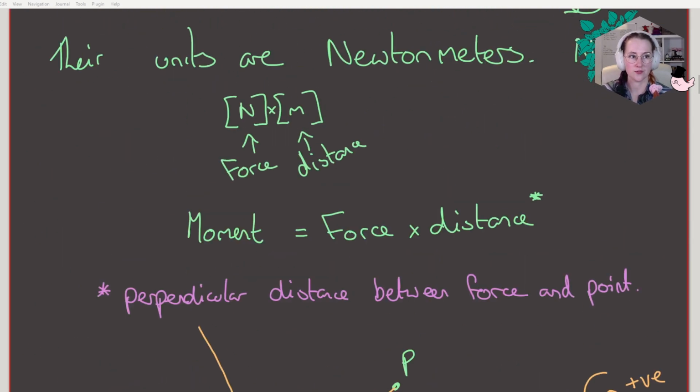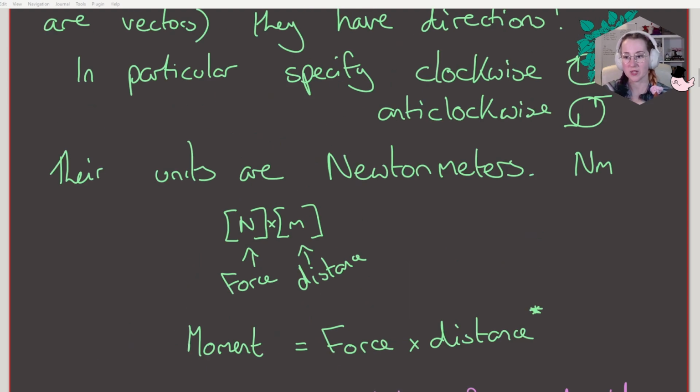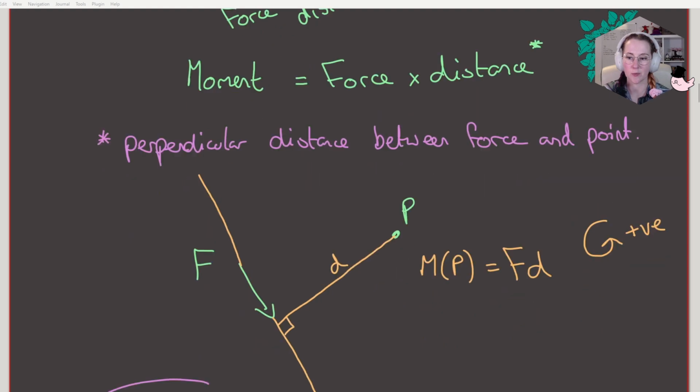Their units are Newton meters, or Nm, because the moment is the force times the distance, and specifically it's the perpendicular distance between the force and the point, which is also the shortest distance between a given line and a point. Fun fact.